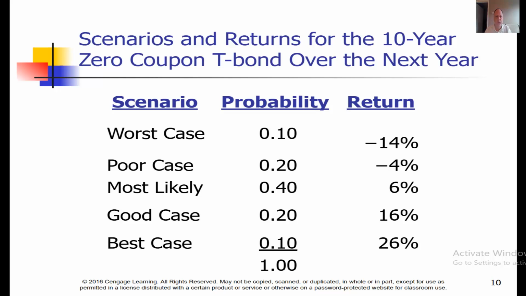The worst case, we will say 10% probability of losing 14% of your money. Poor case, 20% losing 4% of your money. Most likely 40% chance of making 6%, good chance, 20% chance of making 16%, and the very good case, the best case, 10% chance of making 26%.